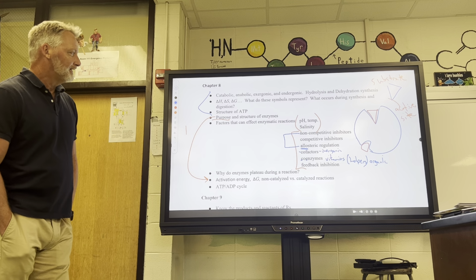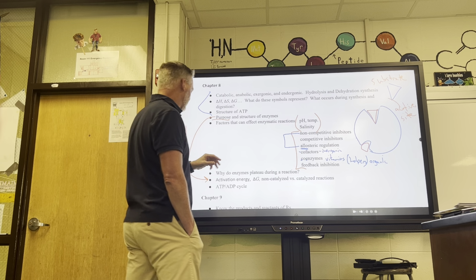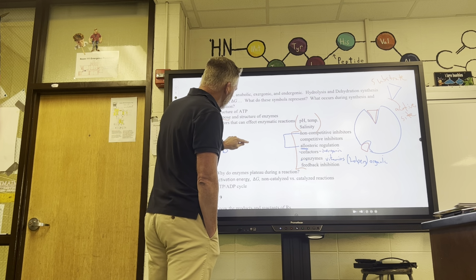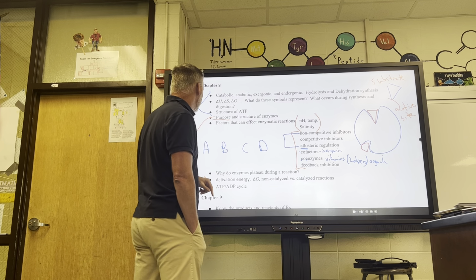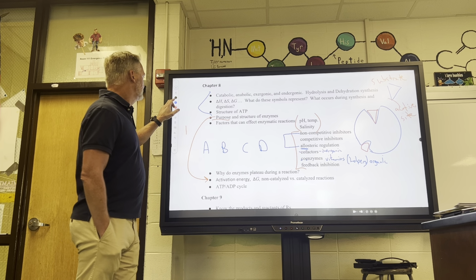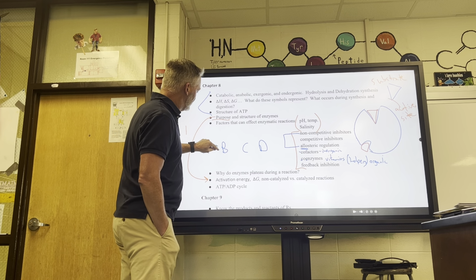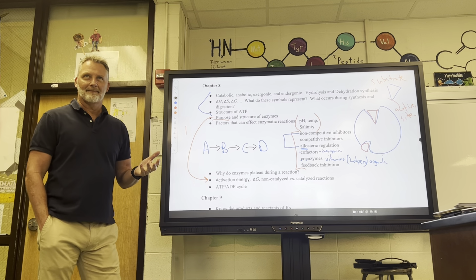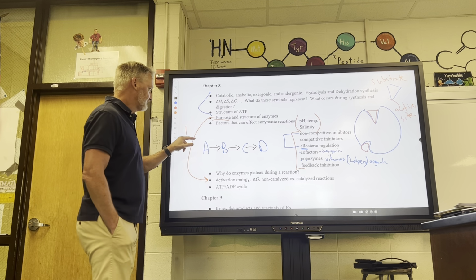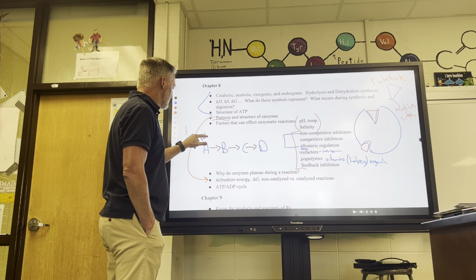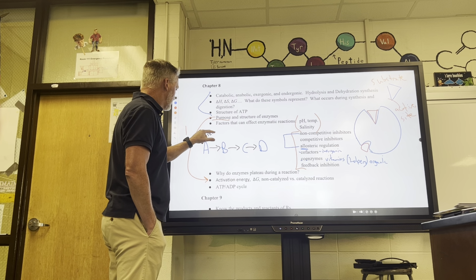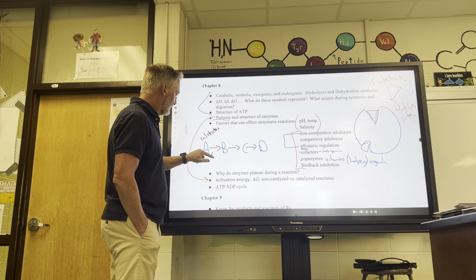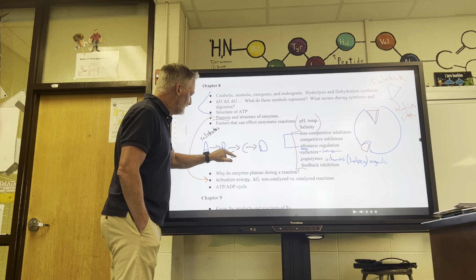Okay, all right, then feedback inhibition. So if we have A, B, C, D, and then we have arrows, what do the letters represent? Substrate. The letters are the substrates. The arrows are the what?